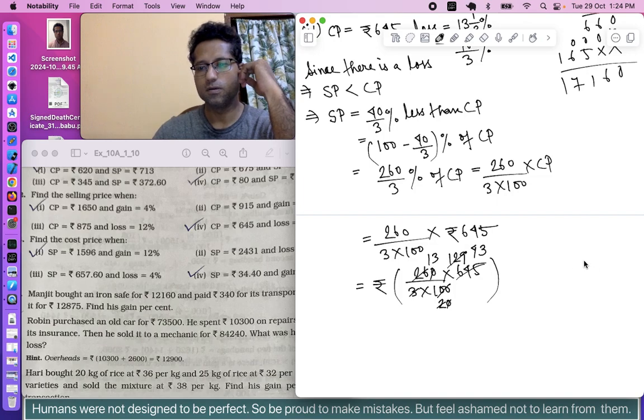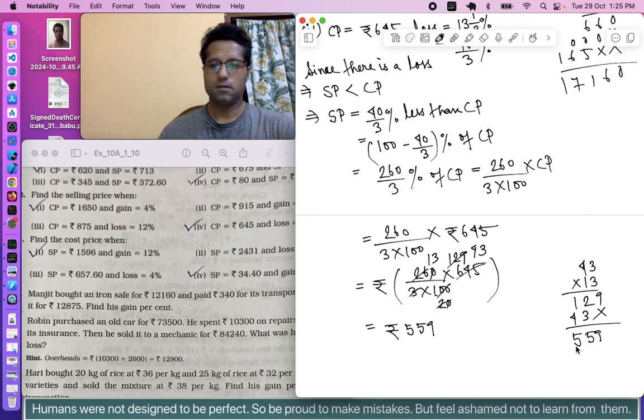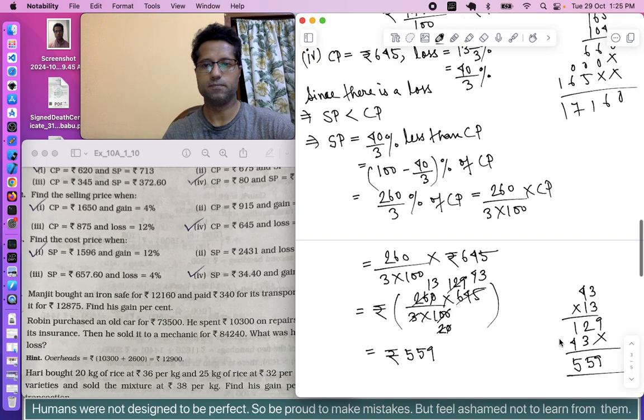So this is 43 multiplied by 13, which is 559. So this is equal to rupees 559.